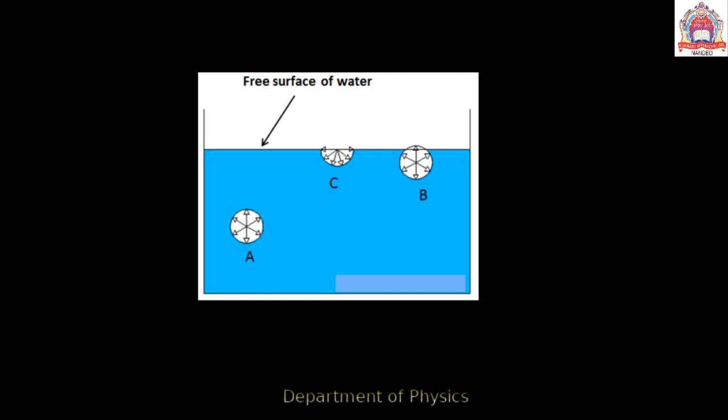Now consider a molecule from the interior of the liquid that is brought up to the surface film. Work has to be done against the downward cohesive force on it, and its potential energy increases.